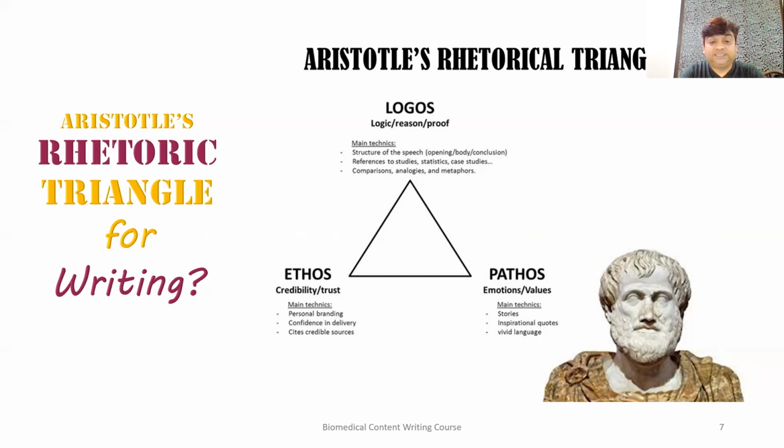Third thing is citing credible sources. If your citations are from credible sources, that also adds trust to what you are writing. So it is generally suggested that when you start writing in the field of biomedical or medical writing, you must first use citations from credible sources.